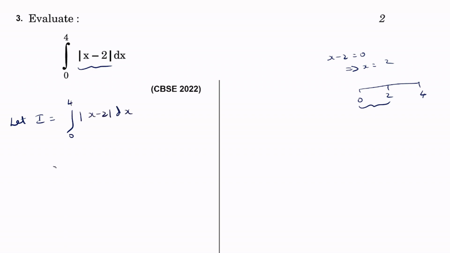integral. So this is equal to integral 0 to 2 mod x minus 2 dx plus integral 2 to 4 mod x minus 2 dx.